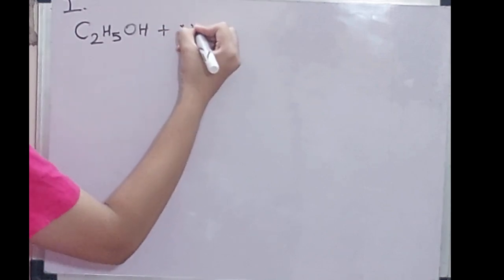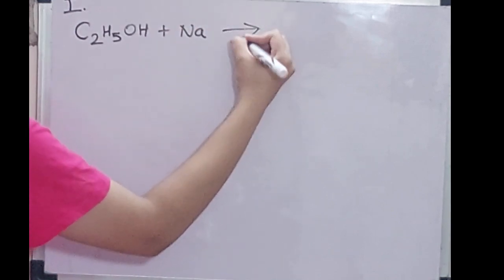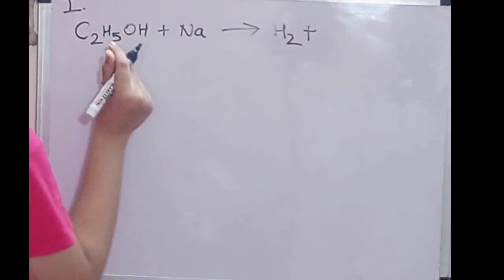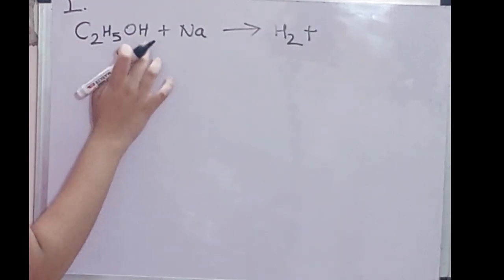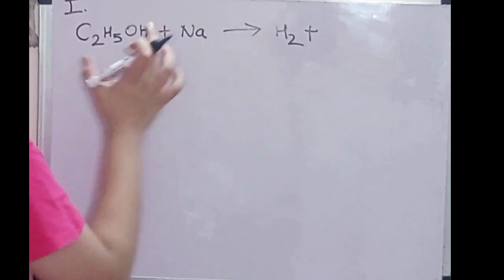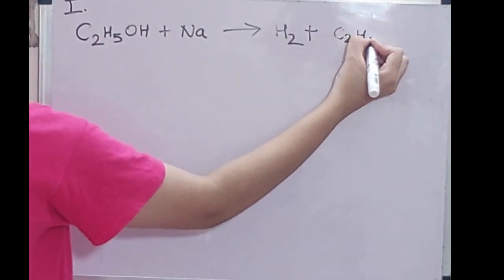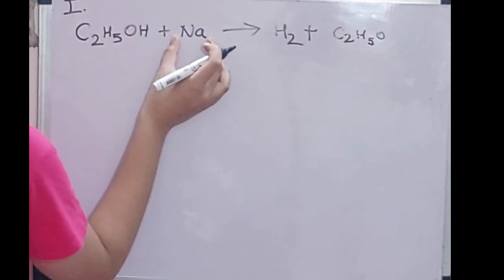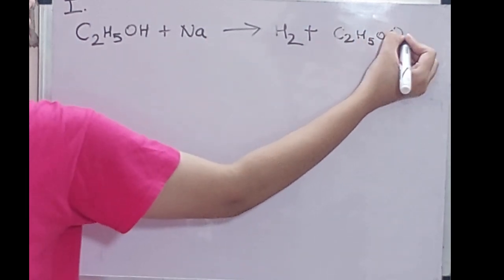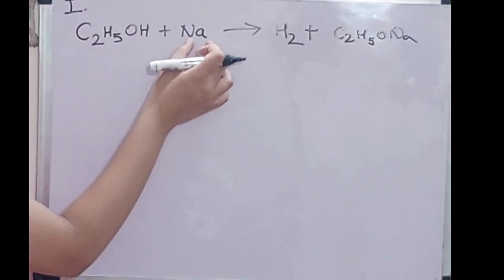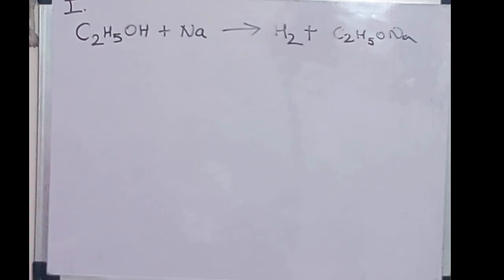When it reacts with sodium, it will give me hydrogen plus this, let's say कि यहाँ से hydrogen गया, H गया. So this as it is C2H5O, and just get this Na. Cool? You can even put it like कि Na ने displace कर दिया H को, if that's easy for you.